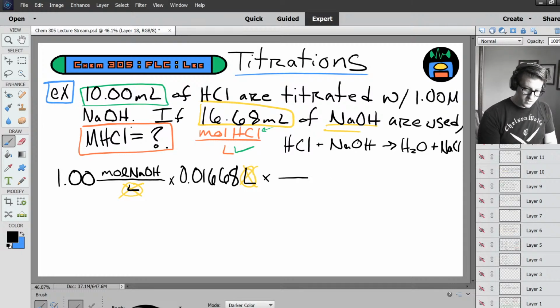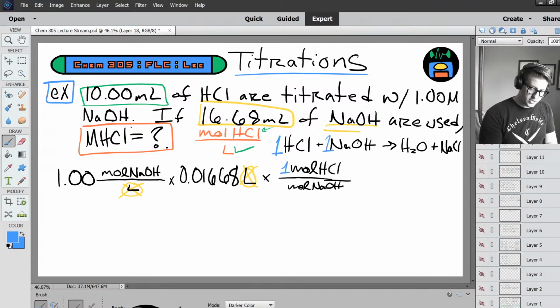Next, we convert from moles of NaOH to moles of HCl. And our balanced chemical equation tells us that this is a 1-to-1 molar ratio.